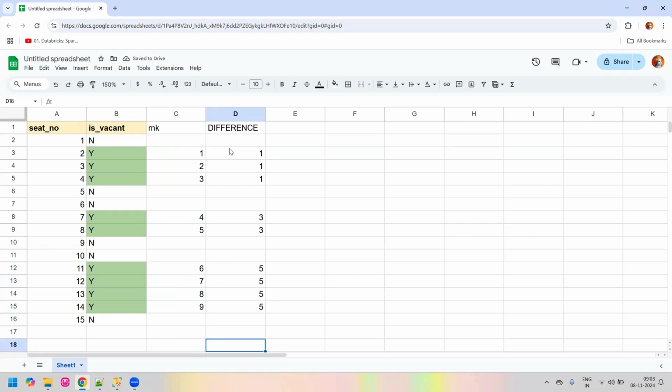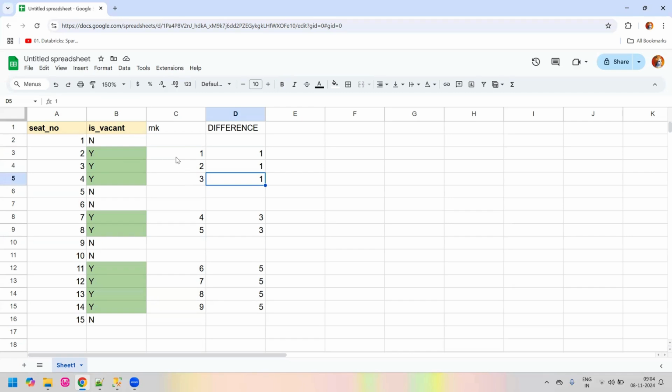If you observe here, what is happening? Whenever we have two parallel series of numbers, both increasing with the same difference, like in this case the seat number is increasing by 1 and the derived rank column is also increasing by 1, the difference is the same wherever they are consecutive.